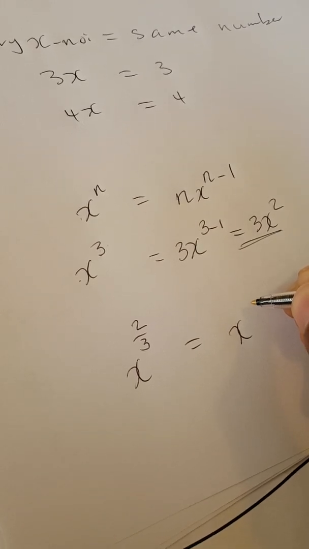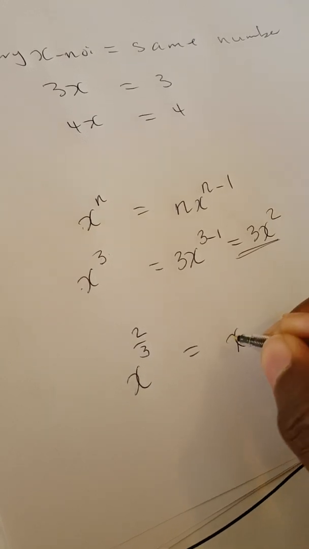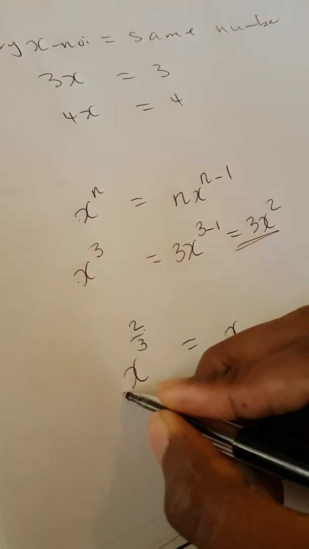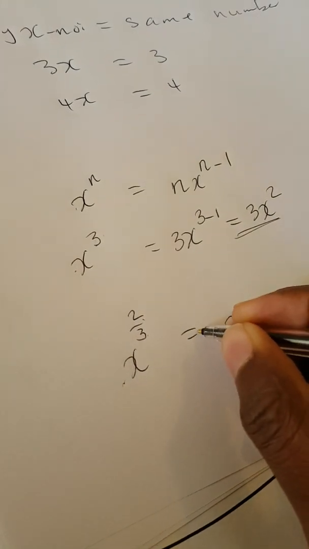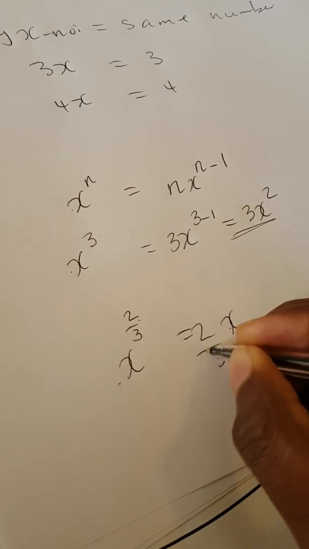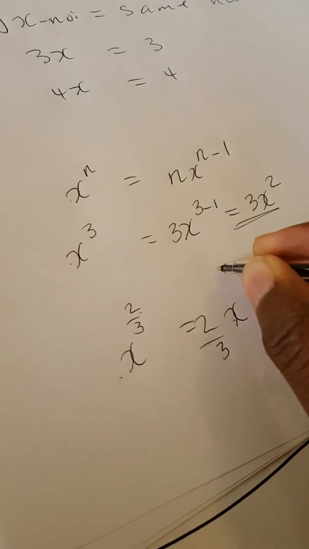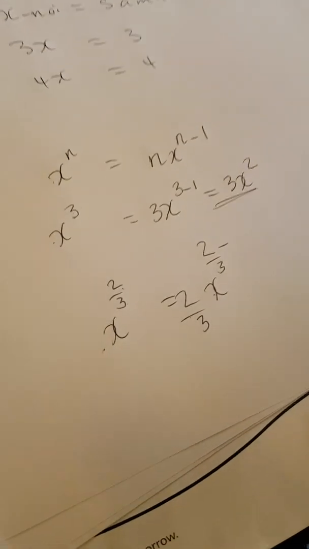Remember, this n must come and multiply x, and this n must subtract 1. So let's start by saying it is 2 over 3x, because the n must multiply x, to the power of 2 over 3 minus 1. Why didn't I write 1?